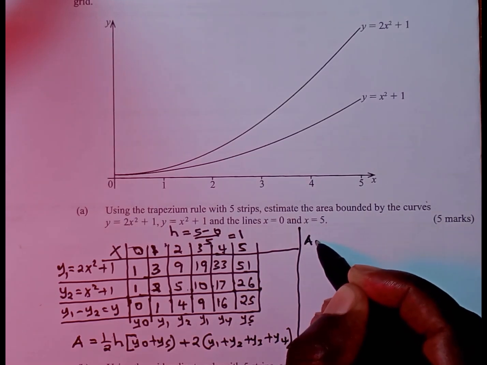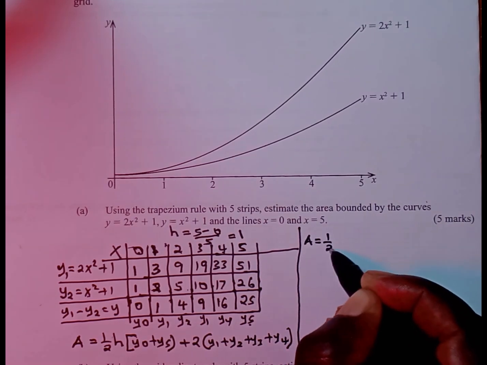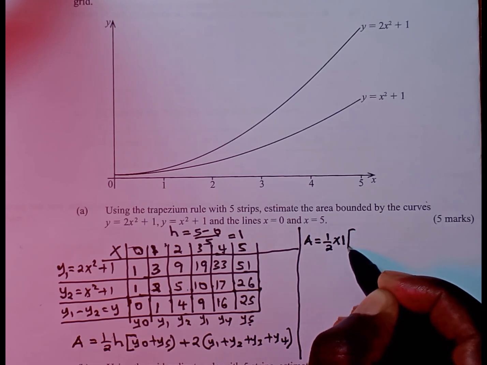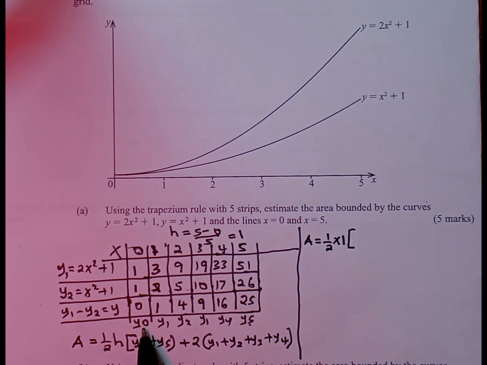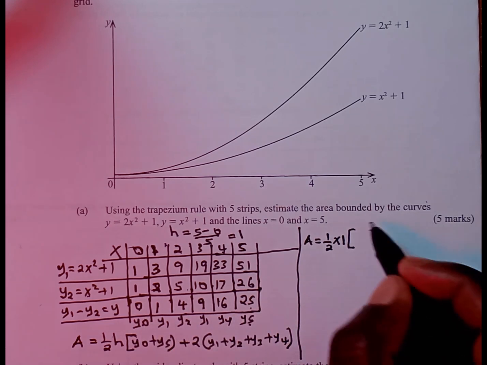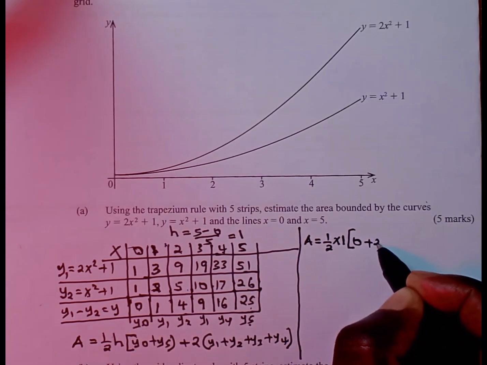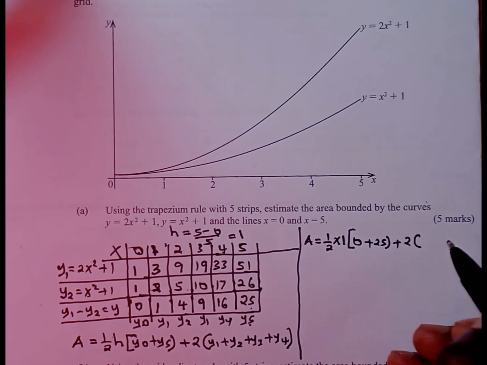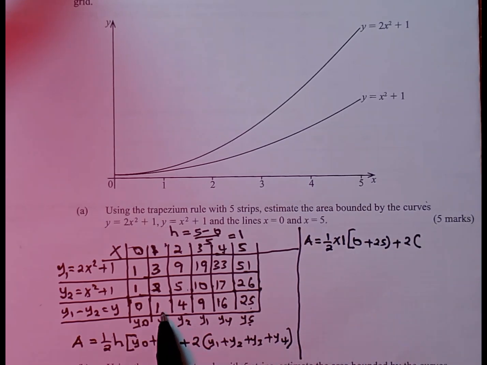Area is going to be equal to half times 1, which is our height. We open the brackets, we take y0, which is 0, plus y5, which is 25, plus twice the sum of the middles, that is y1 up to y4.